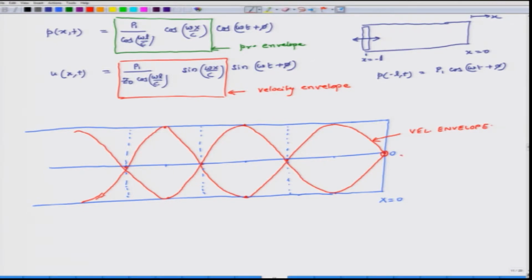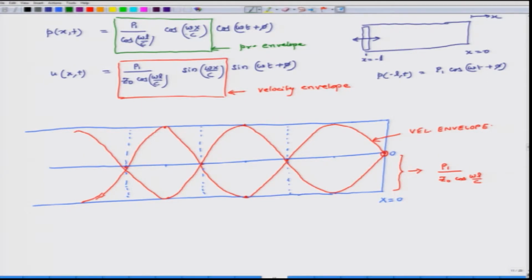And this value is P1 divided by Z naught cosine omega L over C. Now, on the same graph, I am also going to draw the pressure envelope.